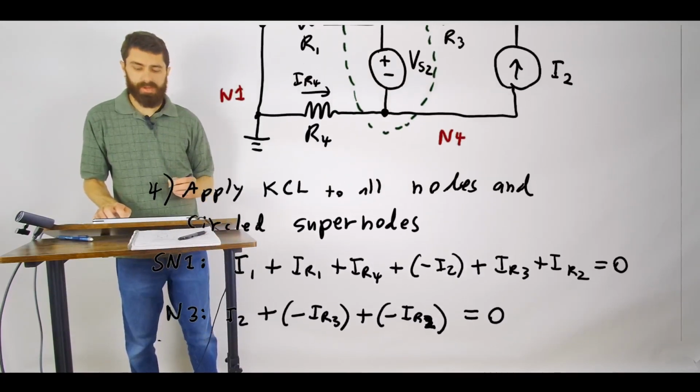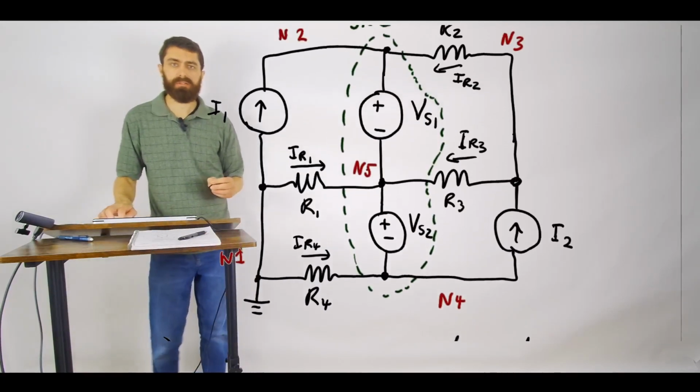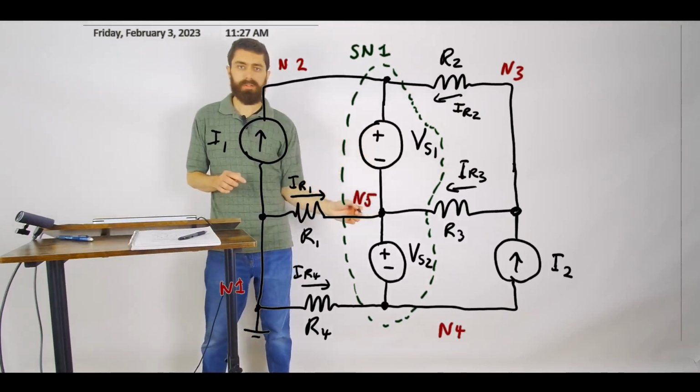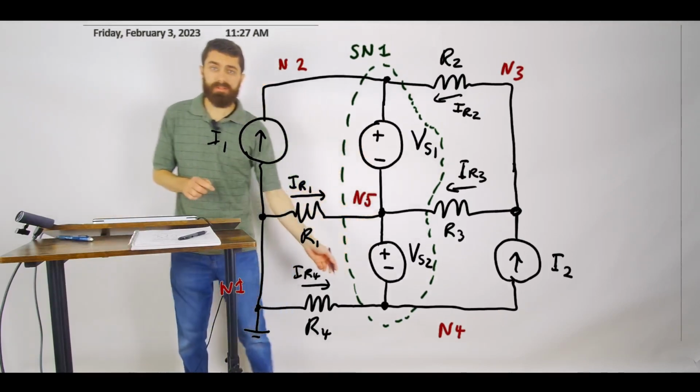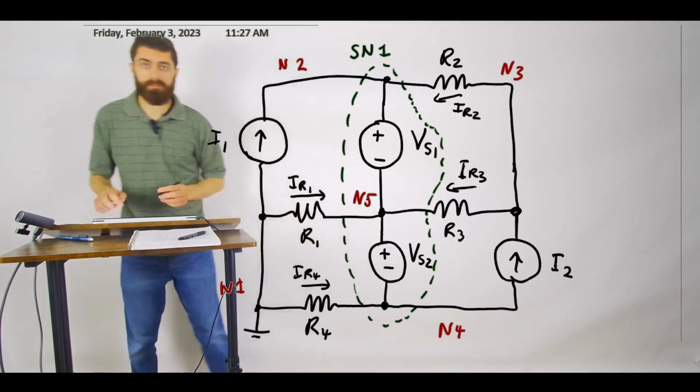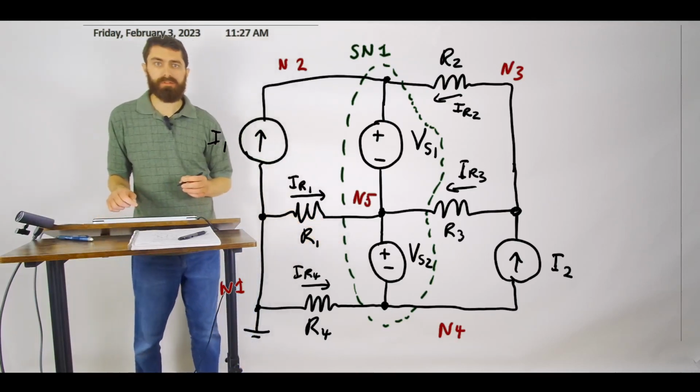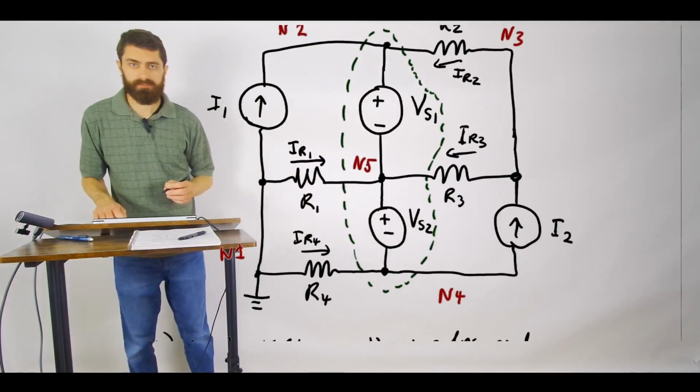And in a similar manner, we can write that V5 minus V4 is equal to Vs2.